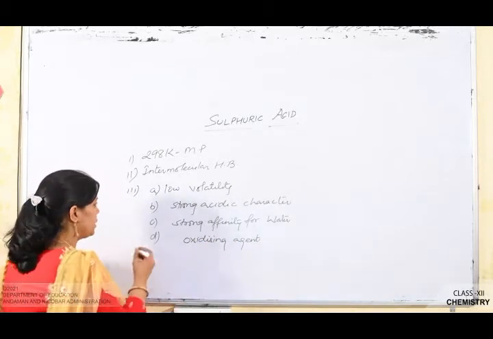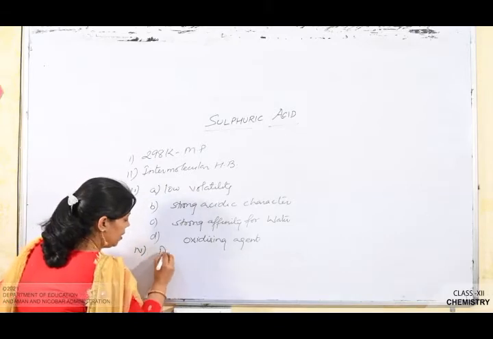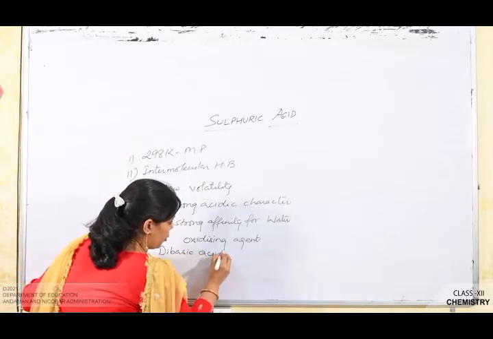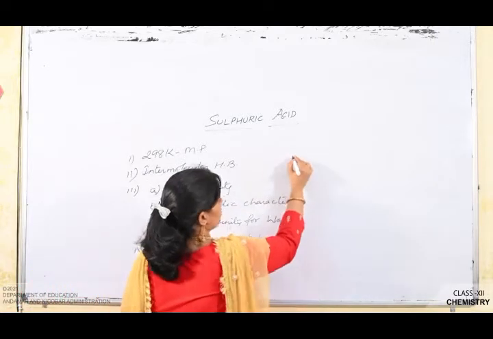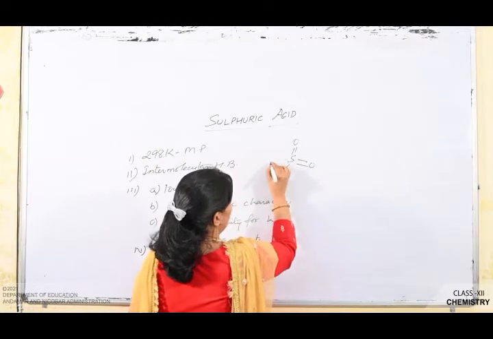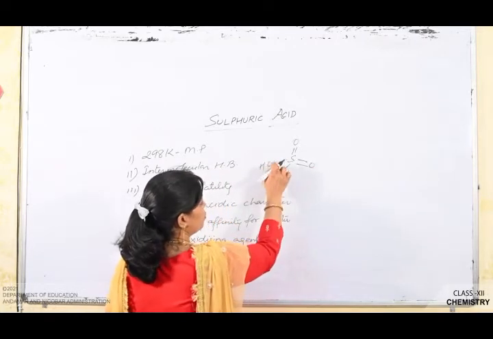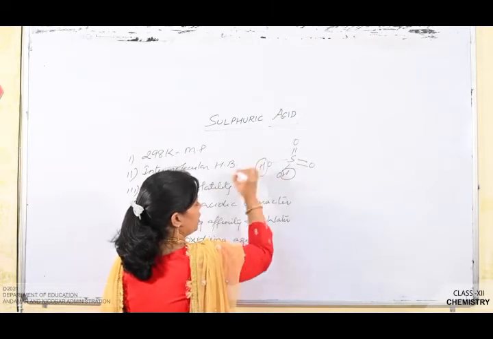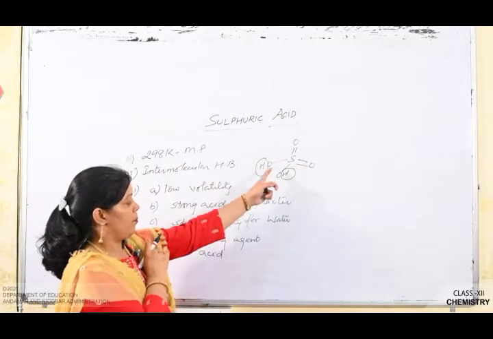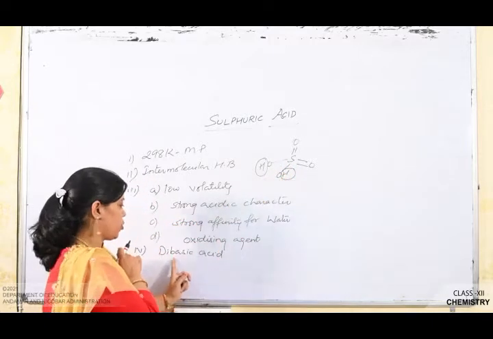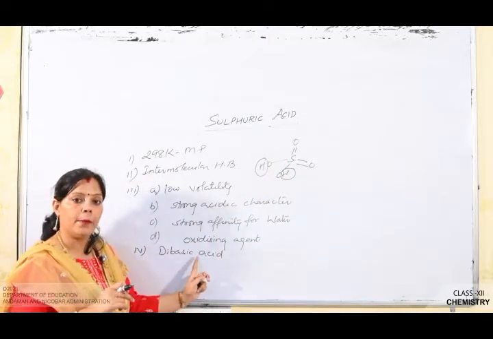Next, sulfuric acid is a dibasic acid, and it is dibasic because in the structure of sulfuric acid it consists of two OH groups. The sulfur has two bonds with the OH group, and by the liberation of the H plus ion present in the OH group of sulfuric acid, it acts as a dibasic acid.